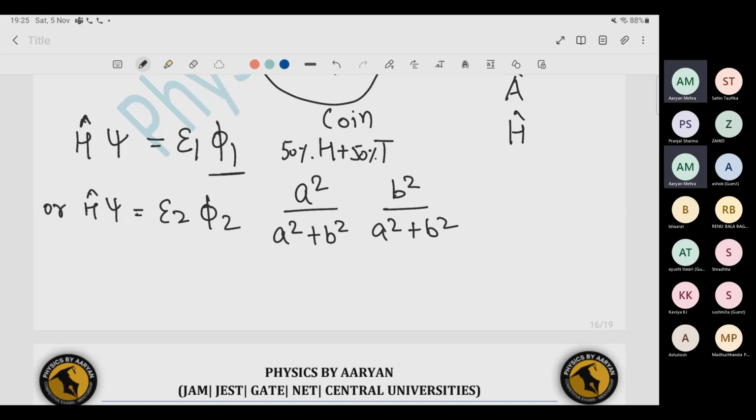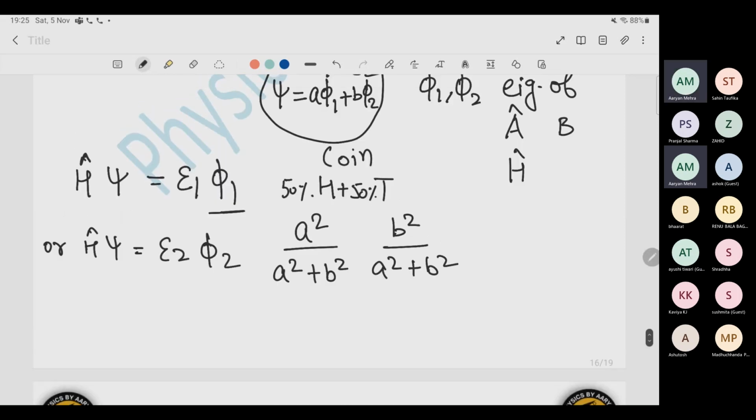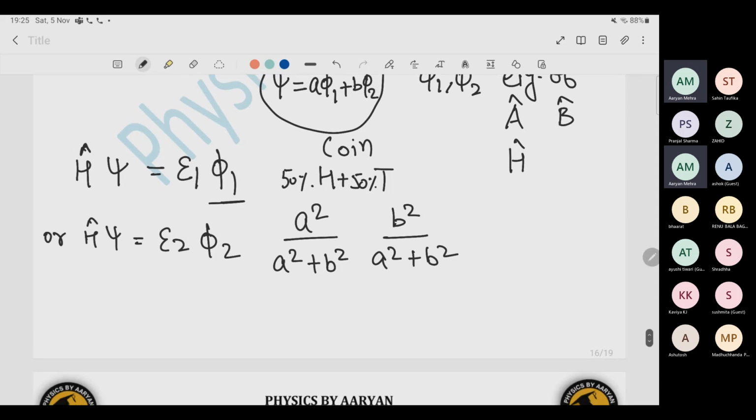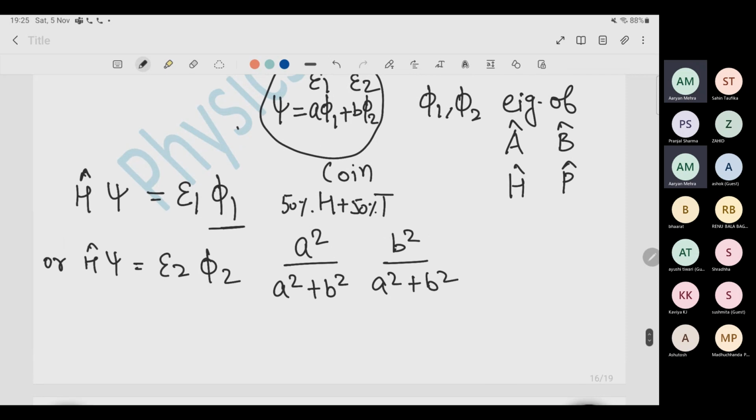Okay, so now let's see it from the perspective of the B operator. Let's say the B operator is the momentum operator. Now this state can also be written in terms of eigenstates of P. If you can write any state in terms of eigenstates of A, then you can write this state in terms of eigenstates of P also.